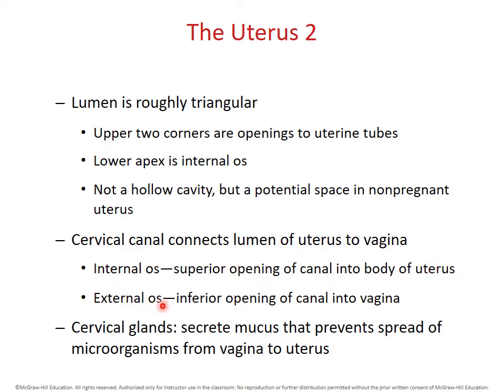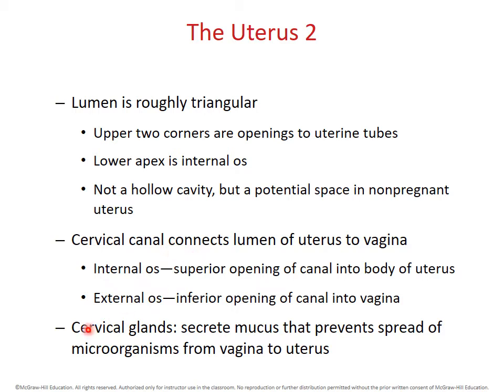The external os is the opening on the side of the vagina. And of course the cervical canal and the cervix is what's palpated during pregnancy, feeling to see how much it's been dilated, and that's usually a good indicator of how far along the pregnancy has progressed, because the cervical canal has to expand or dilate as part of labor and delivery.